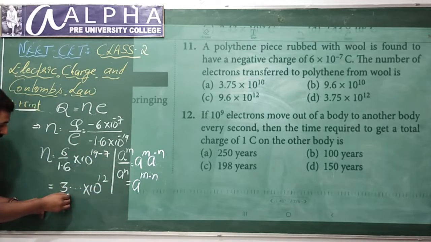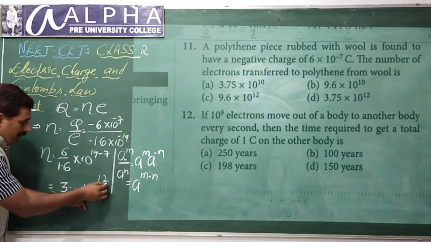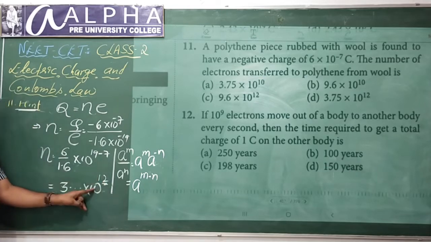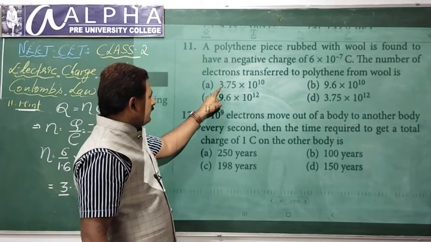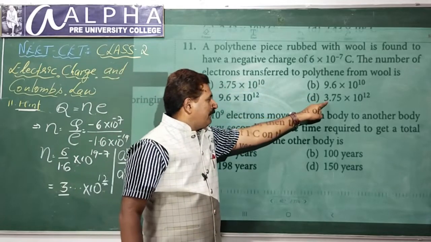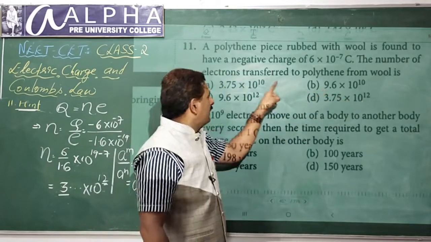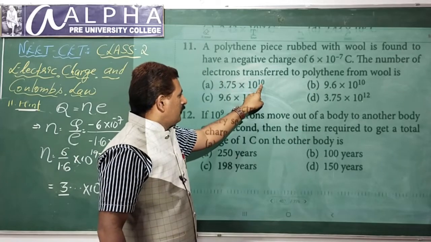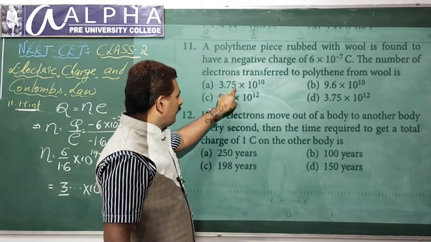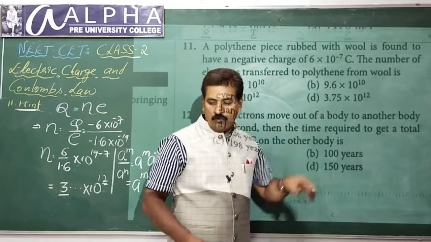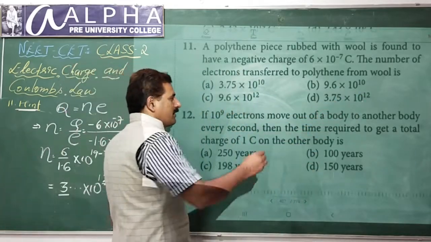The first digit must be 3 and the power must be 10 raised to the power 12. That's enough for my problem because only two options start with 3, but the power is 12 in one, and the other is 10. Which means if you divide completely, it should be 3.75, but the power is 10 power 12. That's why the option must be D.